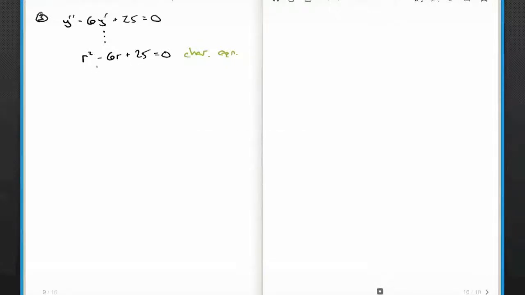All right. Well, the long and short of it here is that this isn't factorable. So we've got to resort to some pretty ugly options here, and that would be this, which should look familiar to all of you. r equals negative b plus or minus the square root of b squared minus 4ac all over 2a, which equals 6 plus or minus the square root of, will that be 36 minus 100?